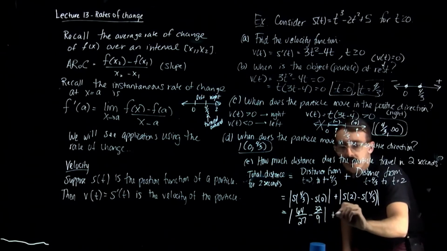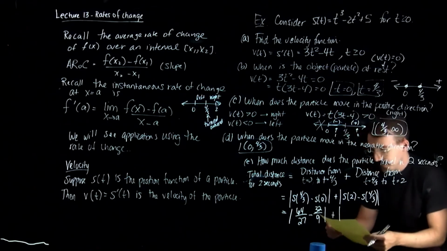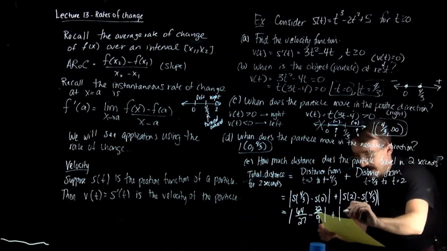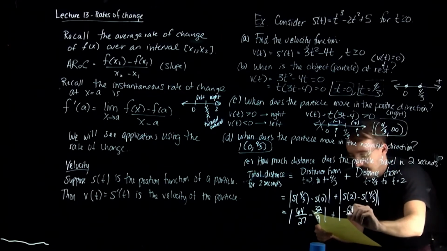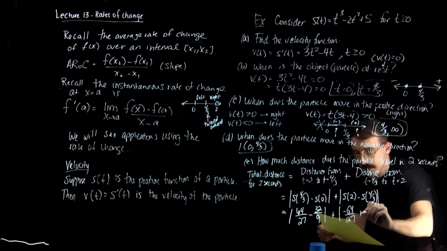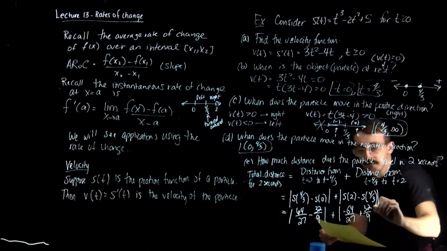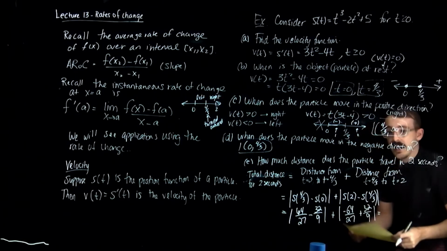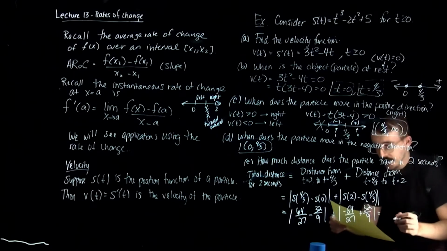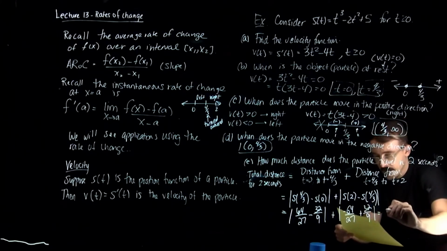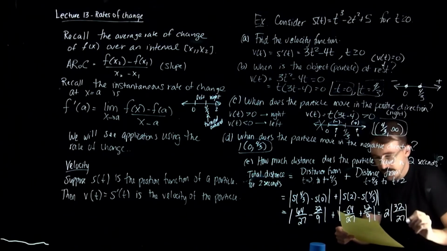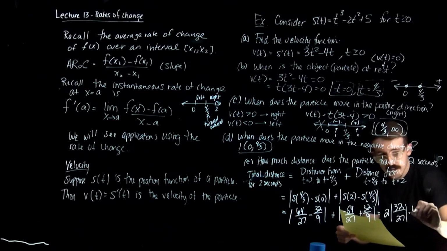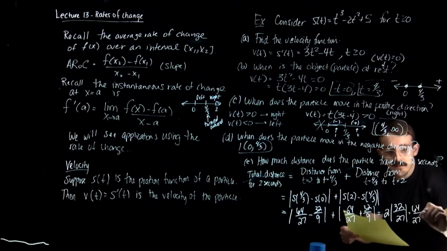And then for the second piece here, I'm going to get negative 64 over 27 plus 32 over 9. And it turns out that this is equal to 32 over 27, which is equal to 64 over 27 units.